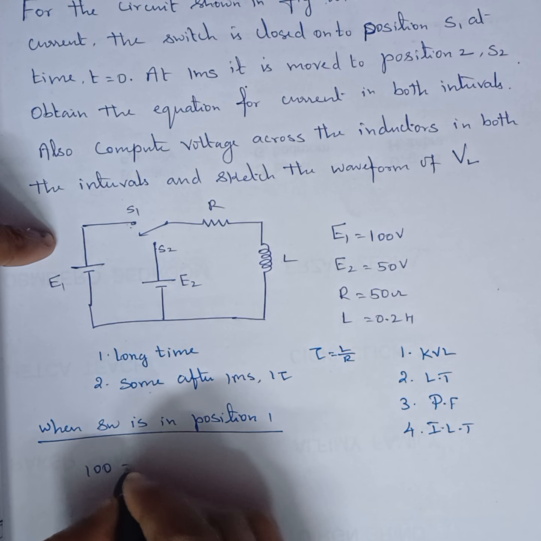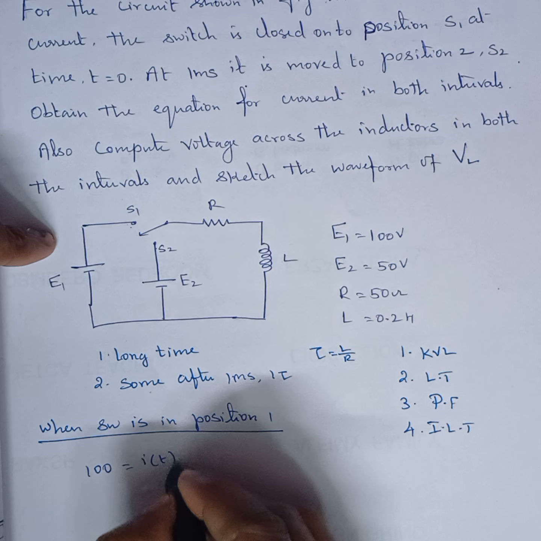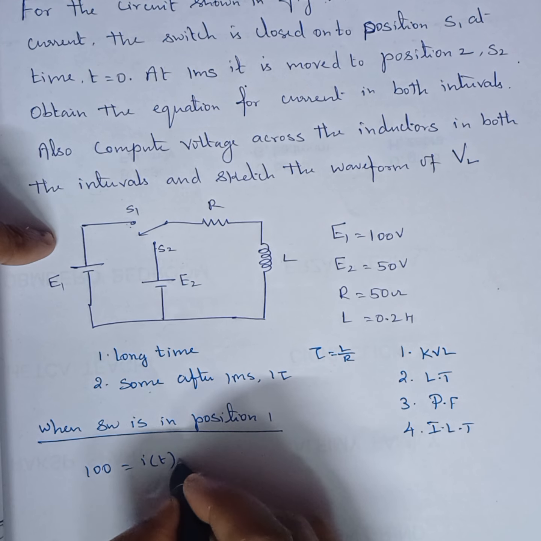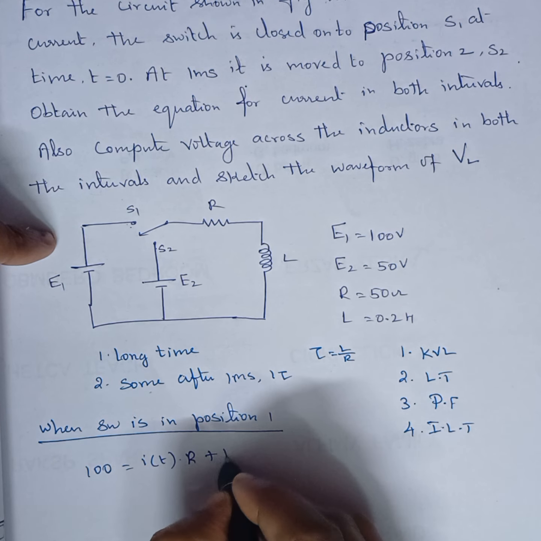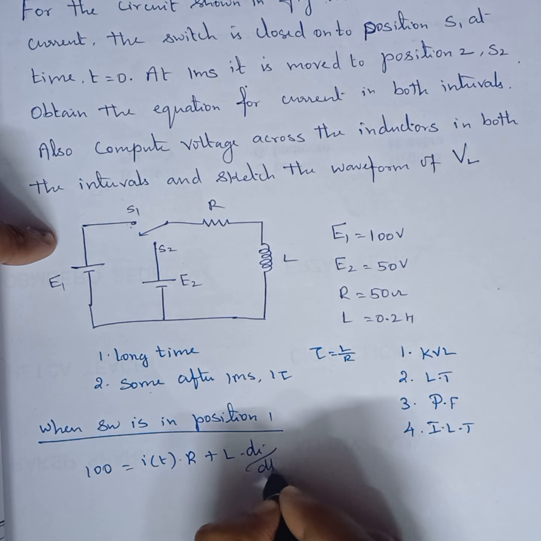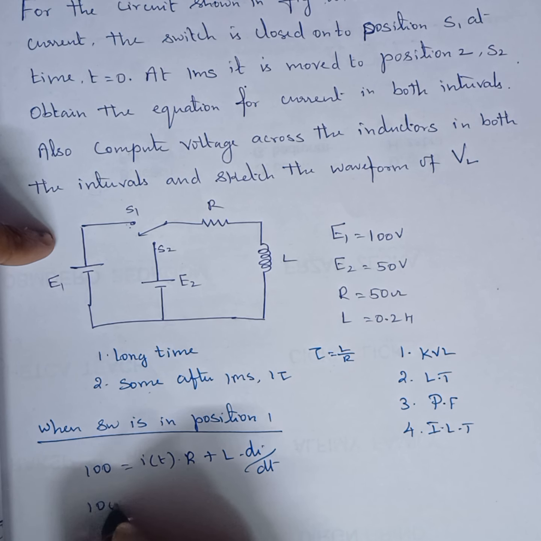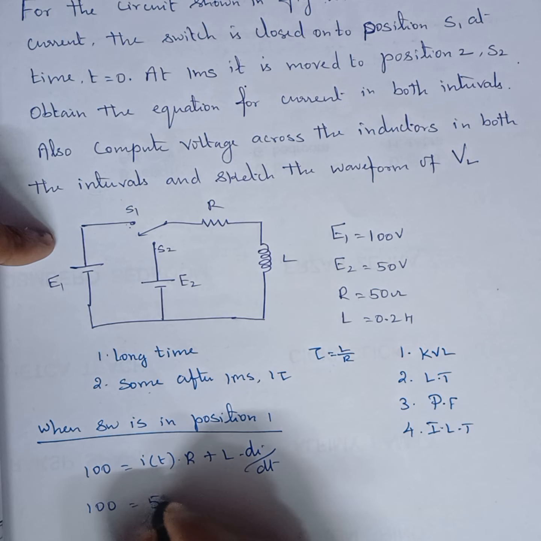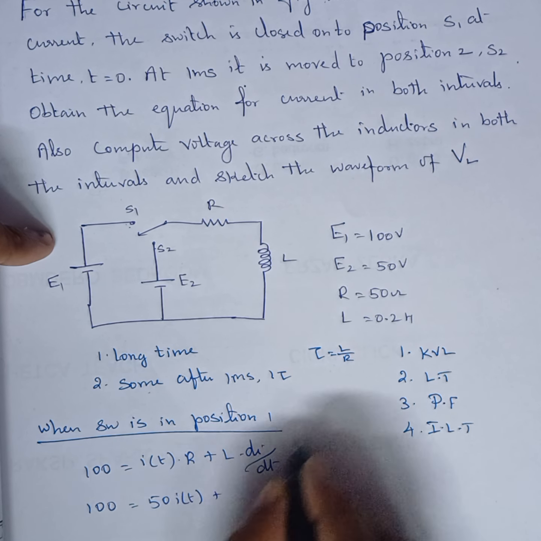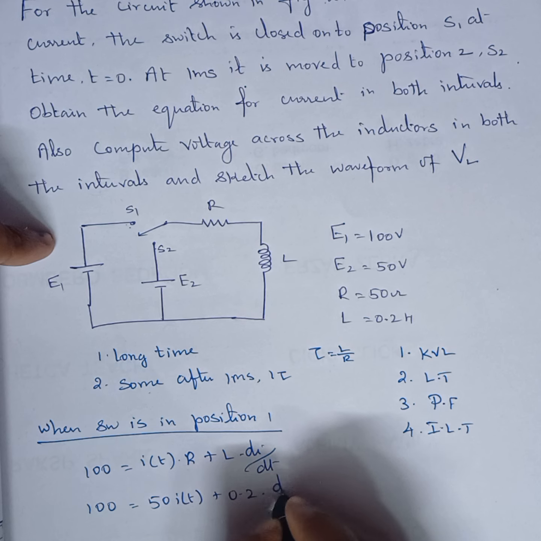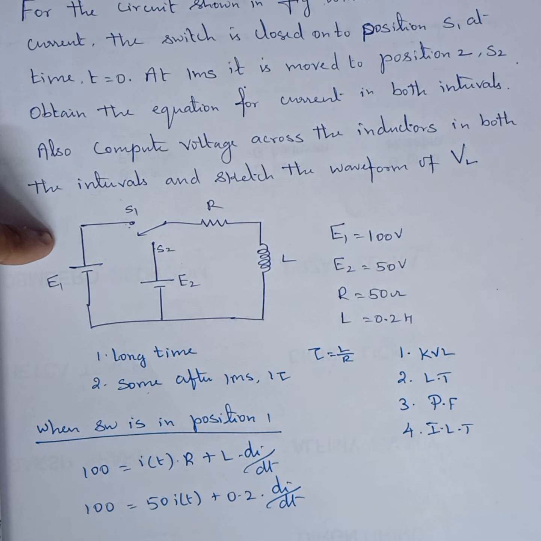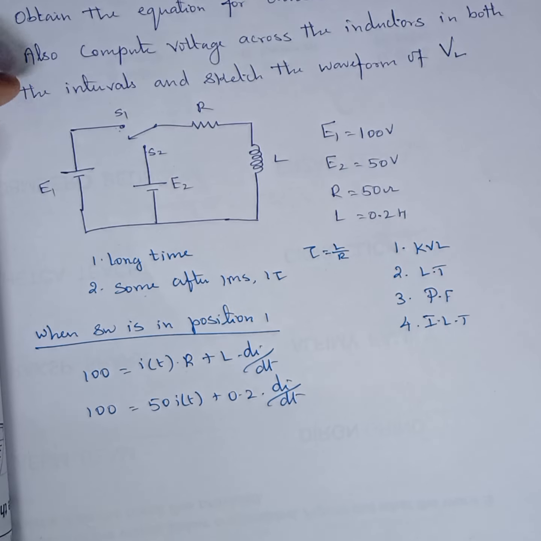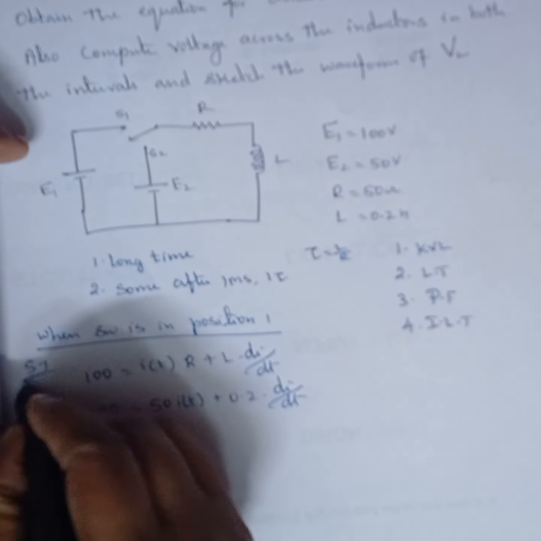So 100 is equal to I of t into R plus L into di by dt. R value is given as 50, L value is 0.20. So 100 = 50 I of t + 0.2 di/dt. Clear? This is the first step.